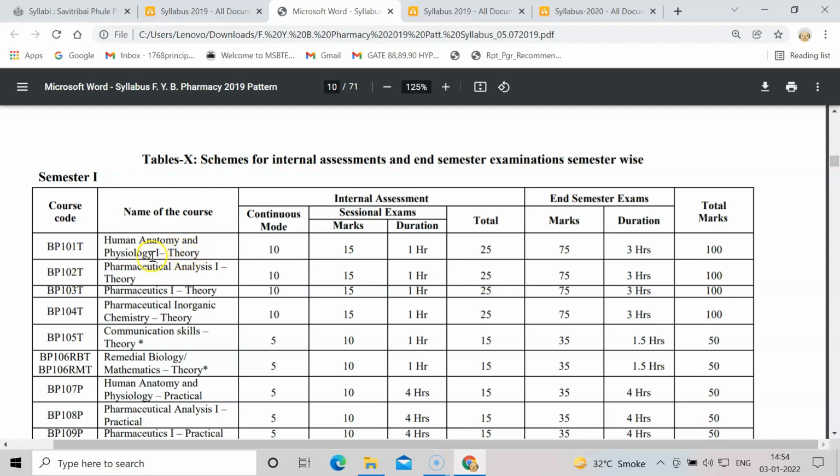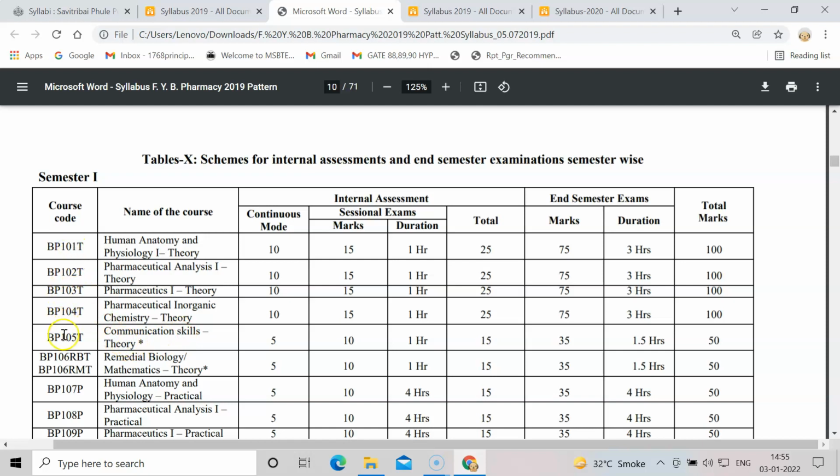And see, there are almost 5 theories. All the students will have 5 theories, and there are some remedial subjects like remedial mathematics and remedial biology. For which students they are, I will let you know. Firstly, Human Anatomy Physiology 1, Pharmaceutical Analysis 1, also theory, Pharmaceutics 1 theory, Pharmaceutical Inorganic Chemistry theory, Communication Skill theory.